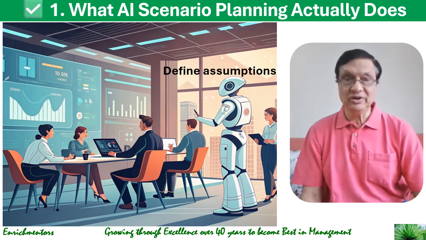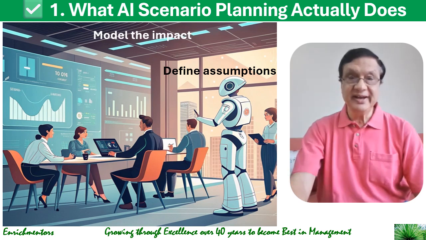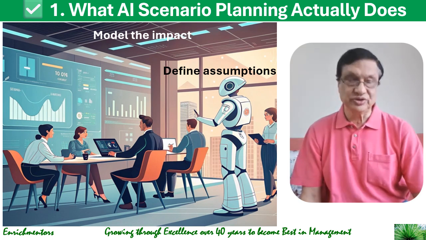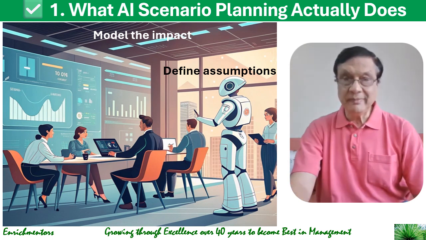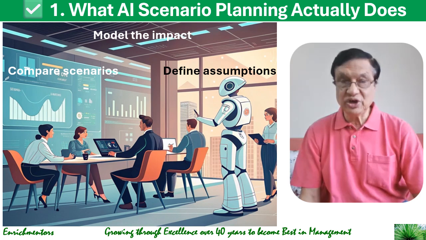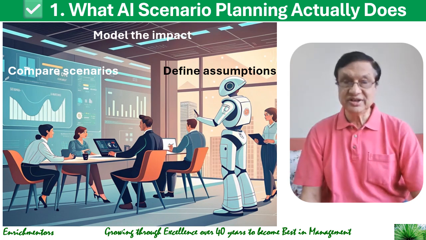So you document and define all your assumptions in the planner. Then you model the impact, where AI calculates the revenues, profits, conversions, retentions, project timeline, risk ratings, and likelihood distribution. And then you compare the scenarios, where AI helps you create the best case, the worst case, the normal case, the black swan scenarios, strategic options, and risk-adjusted decisions.